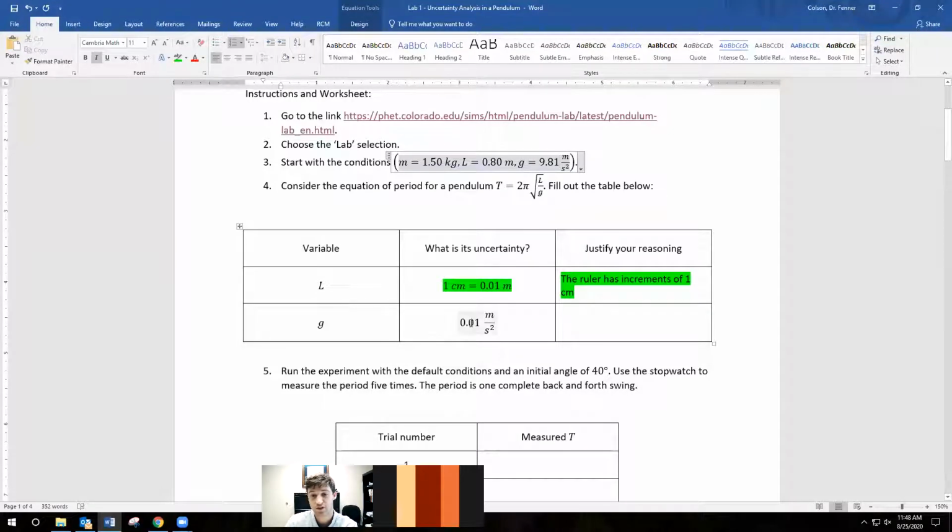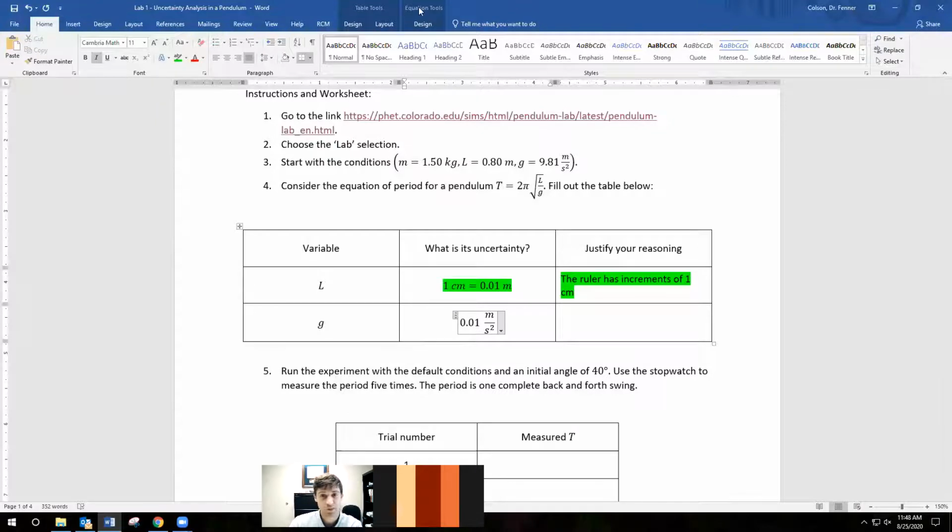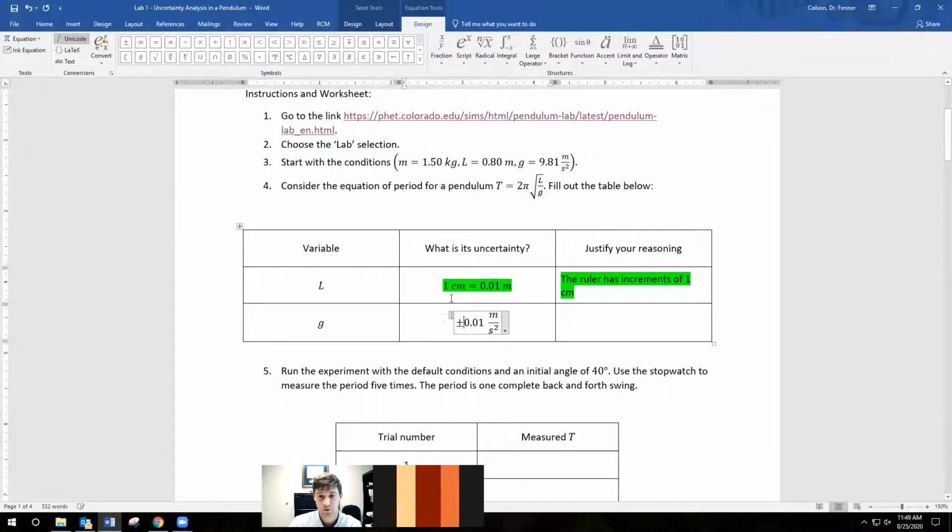Our level of precision is the 100th place, so we'll assume that we know gravity is 9.81. It could be 9.82. It could be 9.80. But basically, it's plus or minus 0.01. So I'll add the plus and minuses here to emphasize that fact.